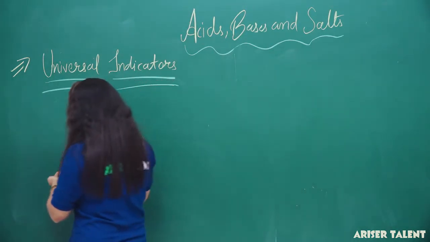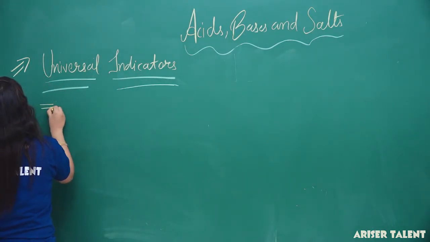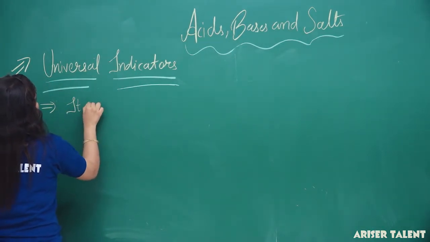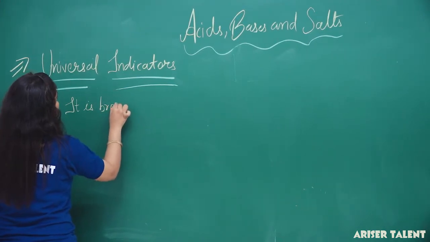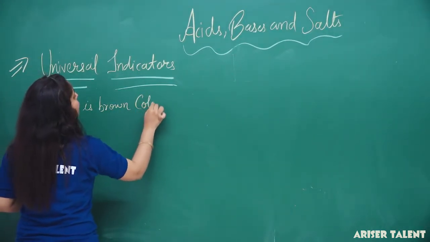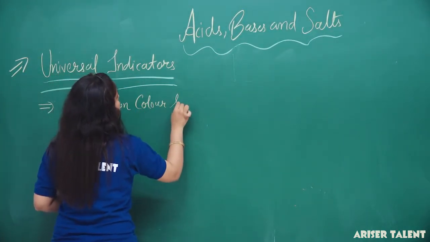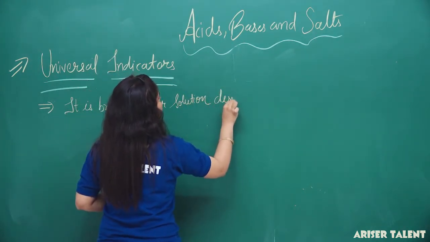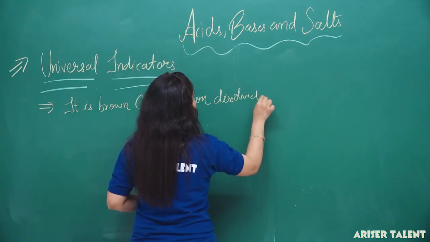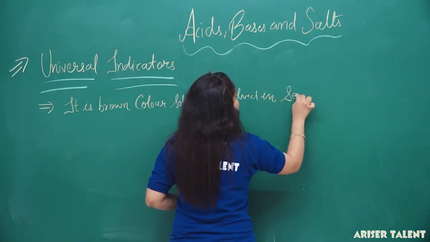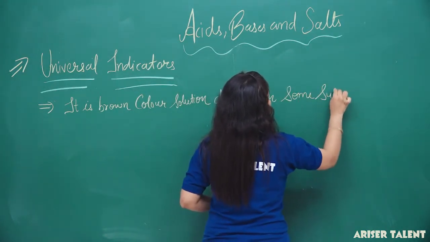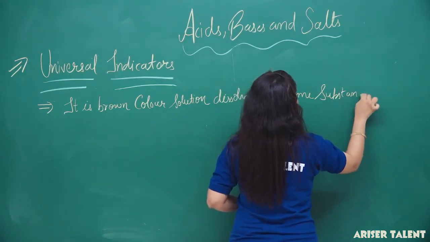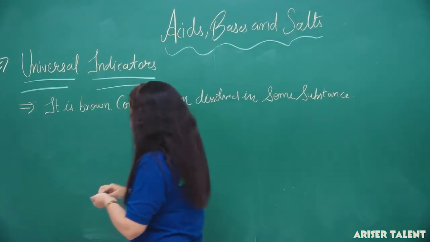So what is universal indicator? It is a brown colored solution dissolved in some substance. And what it is giving?